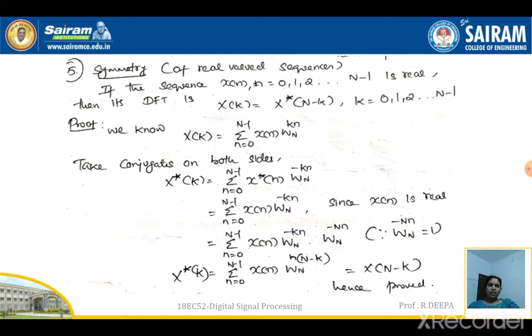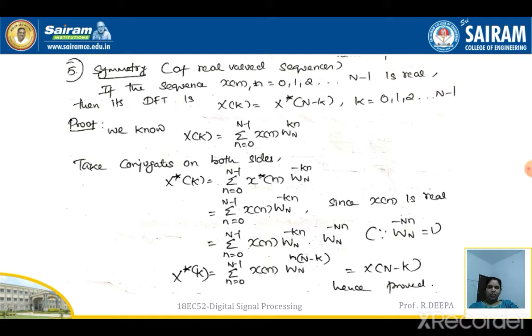If the sequence x of n, where n ranges from 0, 1, 2, 3 up to N minus 1, is real, then the property says the DFT capital X of k is equal to X conjugate of N minus k, where k ranges from 0 to N minus 1. So let us prove this property.